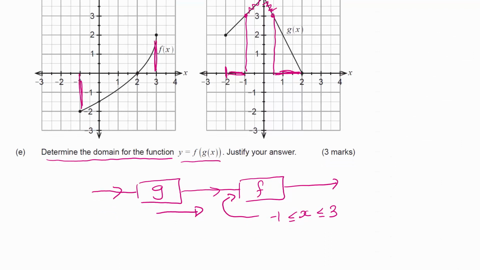So we can allow into here any real values that are between -2 and -1, and between 0.5 and 2.